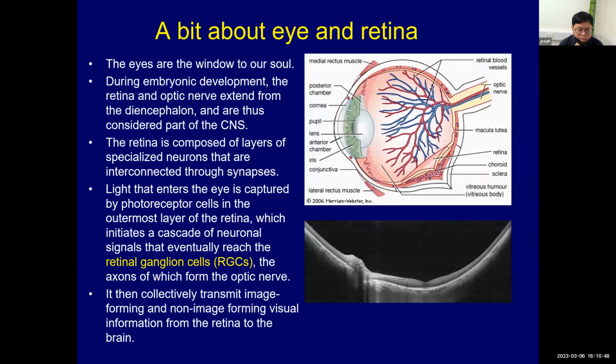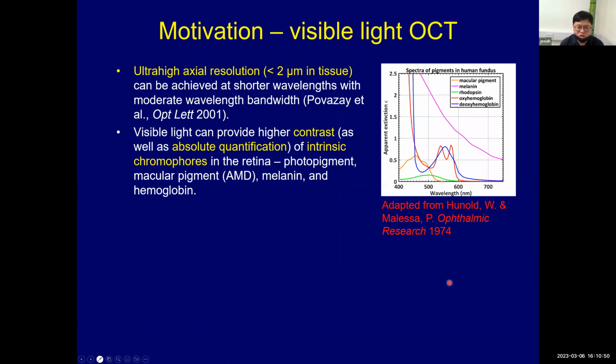The motivation for using visible light as opposed to the NIR wavelength, which is the standard, is that, as you still remember, the resolution is governed by the wavelength. With the wavelength pushed down to visible light, you can get high resolution.